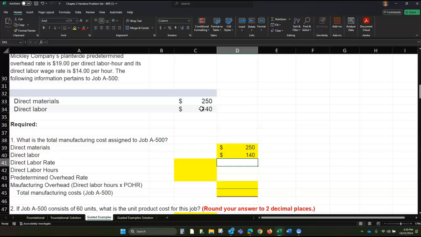Number of direct labor hours. Did they give you the number of direct labor hours? They did not. So how do you determine direct labor hours?